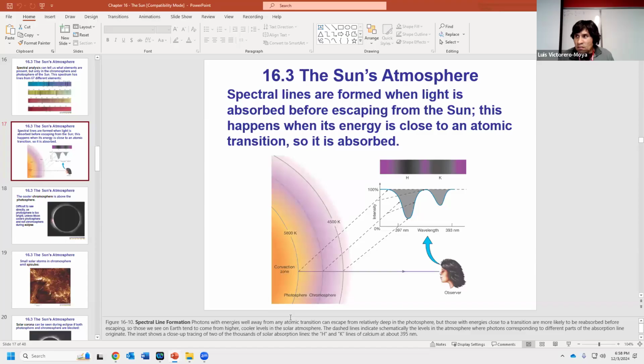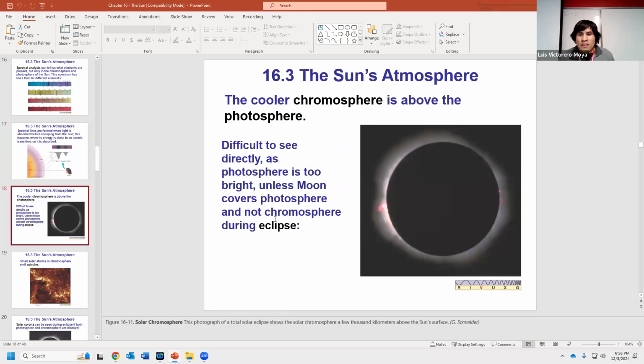You have the photosphere, the surface of the sun, the chromosphere, a little bit beyond the photosphere, and then you have the corona. The corona, guys, is that. We can see the corona during a total solar eclipse. All right? It's like a halo surrounding the sun.